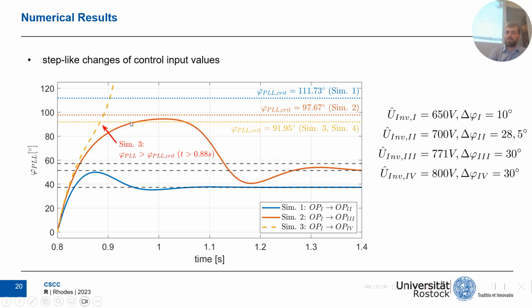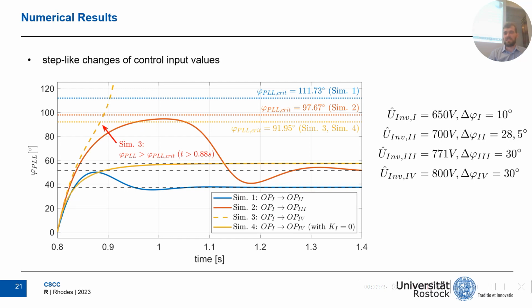But I'm sure you know that there's a strong connection between damping and overshoot. So we can also retune the whole system to have more damping. This can be done by reparameterizing the PLL, and this is done in the fourth simulation. Here we used a damping of infinity, which means no overshoot at all.